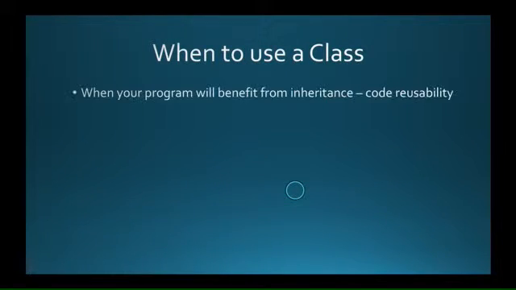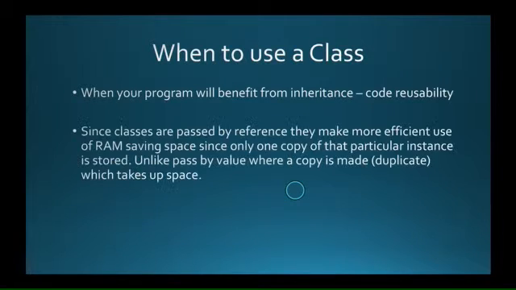When do you use a class? Normally you'll use a class if you would like to benefit from inheritance, because only classes have inheritance, or when you want to reuse some of the code. Another good reason to use a class is that since classes are passed by reference, they make more efficient use of RAM, saving space by only having a single copy of that particular instance stored.